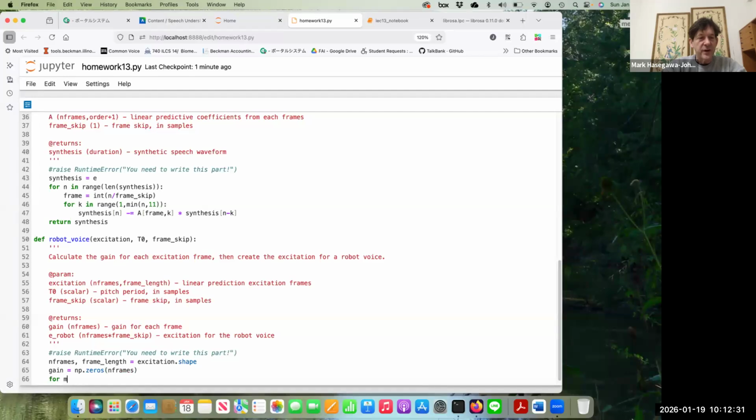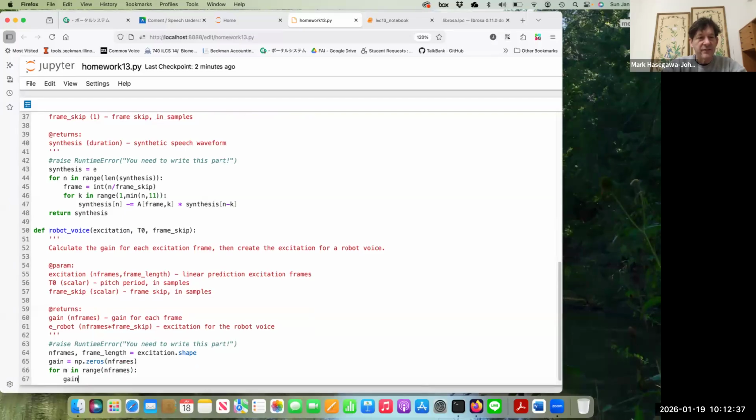And then for each of the frames, I want to say that the gain vector for that frame is equal to the square root of the average of the square of the samples in that frame's excitation. So I square the samples, average them, and then take the square root.